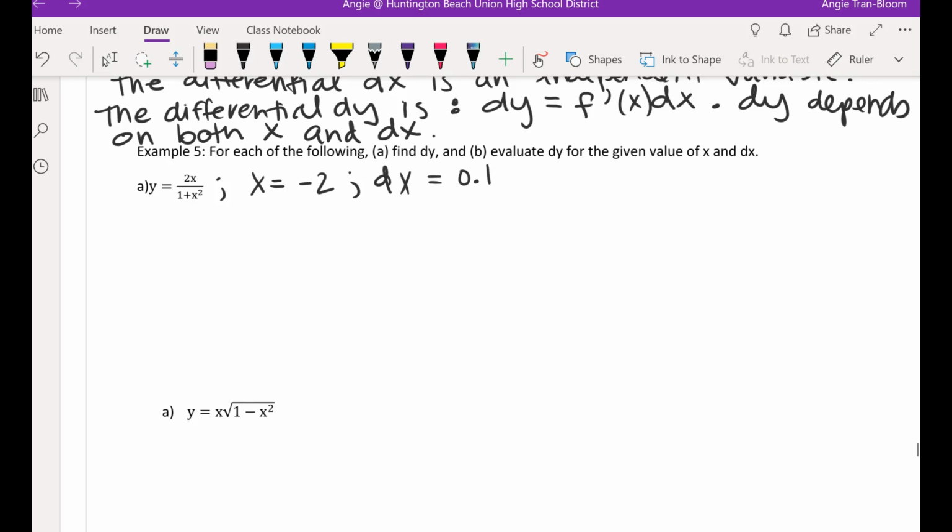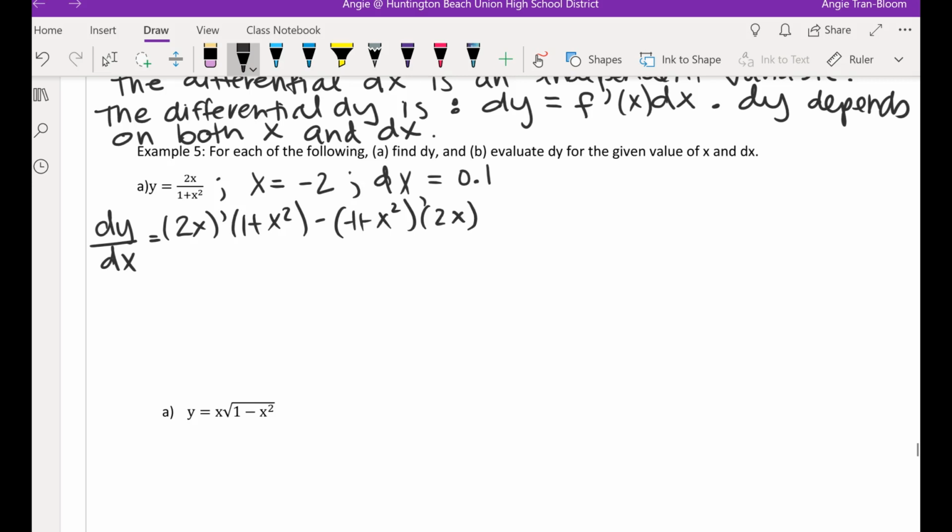So let's find dy. Well, we do it normally. We already know how to find the derivative, dy over dx. Let's use the quotient rule: u prime times v minus v prime times u, all over 1 plus x squared.